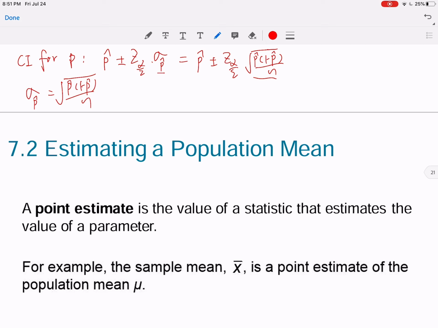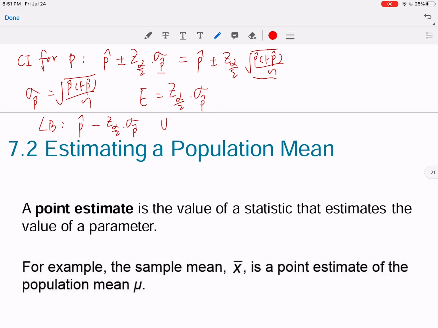The margin of error E is equal to Z sub half alpha multiplied by the standard deviation of P hat. That's the definition of margin of error. And we know that the lower bound of the confidence interval would be equal to P hat minus the margin of error, which is Z sub half alpha times the standard deviation of P hat.